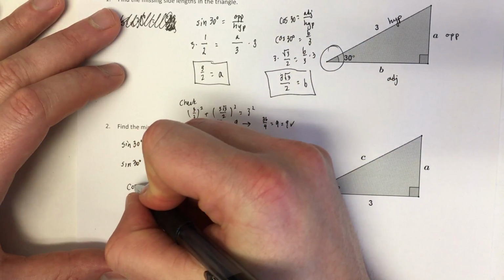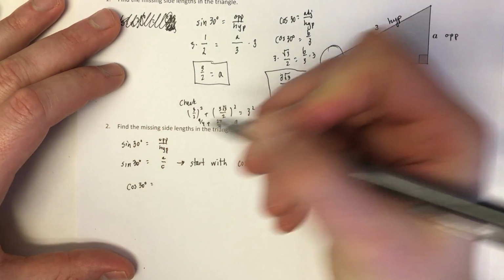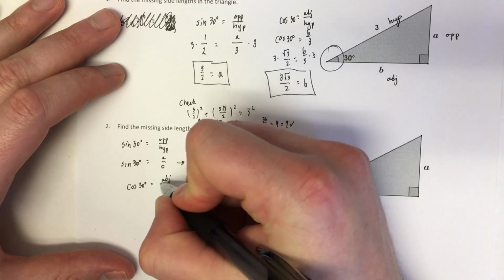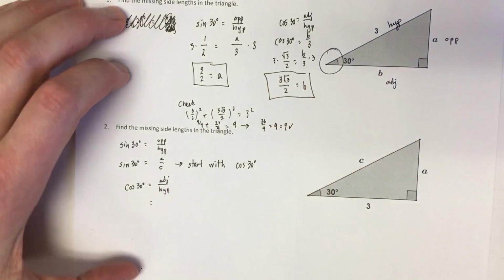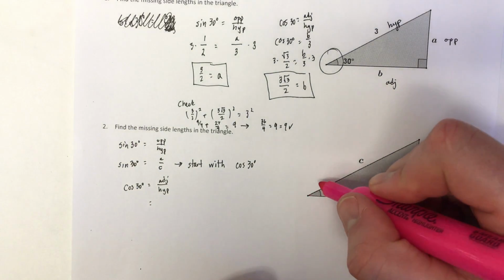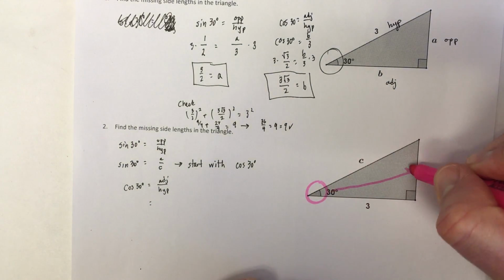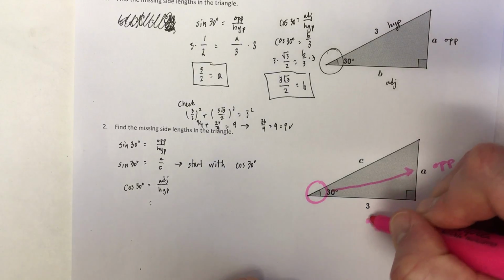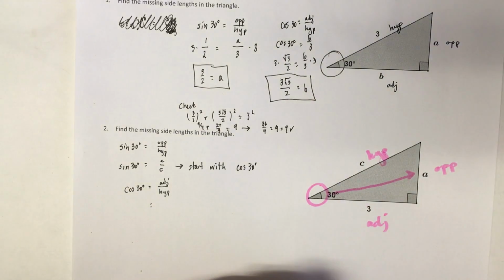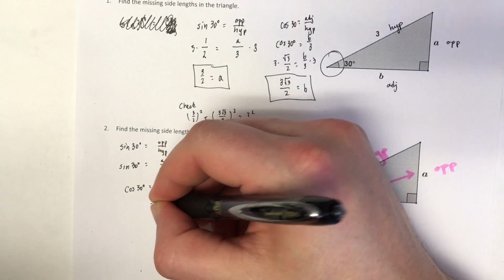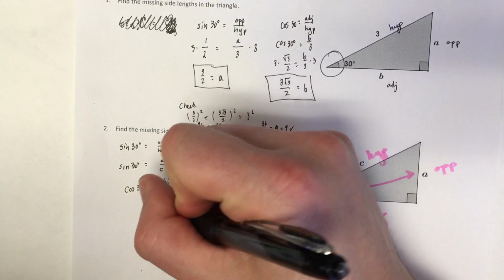Cosine of 30 is equal to adjacent over hypotenuse. The adjacent side, and I didn't even go through this, sorry, there's my opposite. My adjacent side is 3, so 3, and the hypotenuse is c.